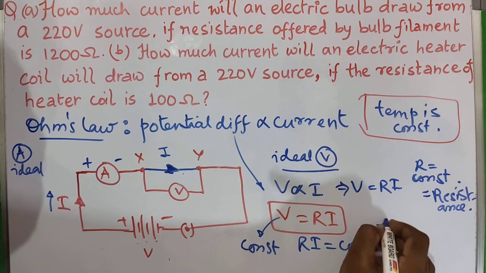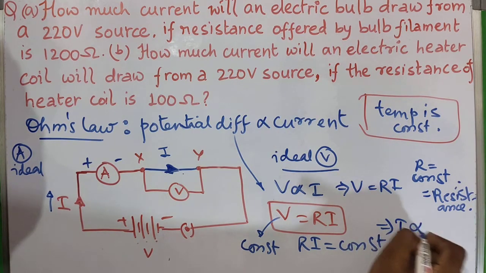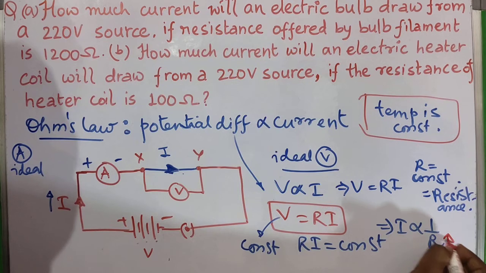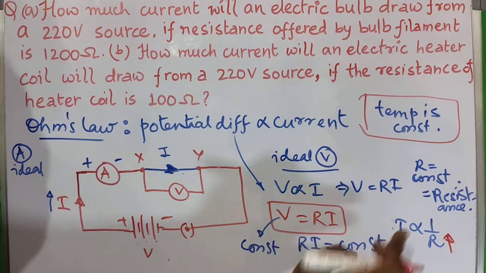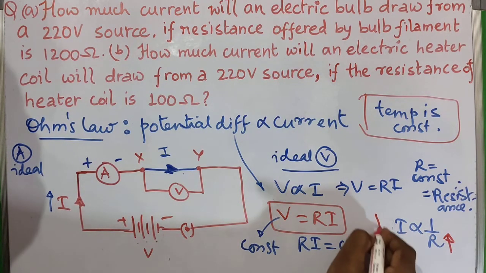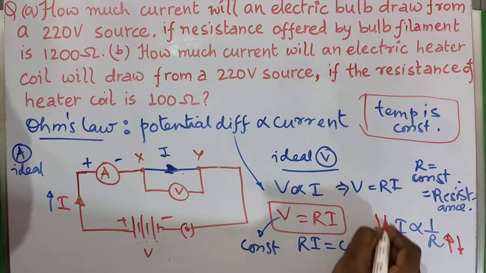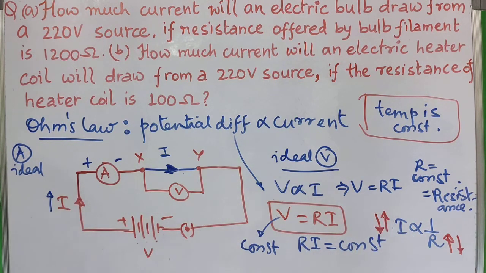Or you can say that the current is inversely proportional to resistance. For example, if the resistance is more, what happens to the current? Current will be less. If the resistance becomes less, the current will be more, right? Inversely proportional. So let's see, is that applicable here in this question or not?